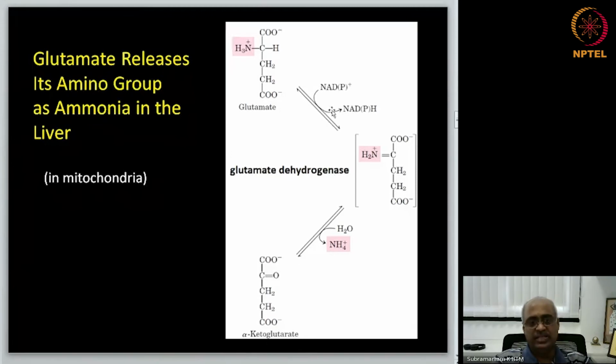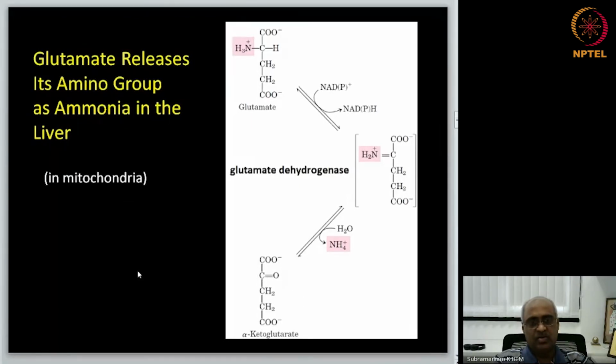So you have reducing equivalents, because it's an oxidation reaction, that are conserved here, which could go to oxidative phosphorylation. Remember, this is actually happening in the mitochondria of the liver. So glutamate dehydrogenase therefore removes the amino group as ammonia from glutamate, regenerating alpha-ketoglutarate.